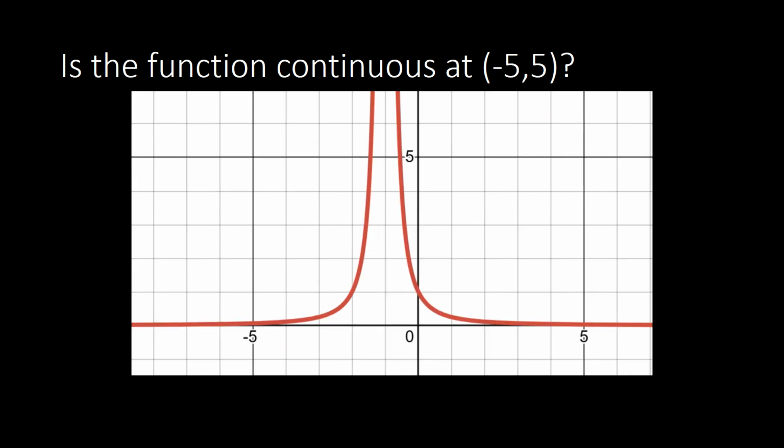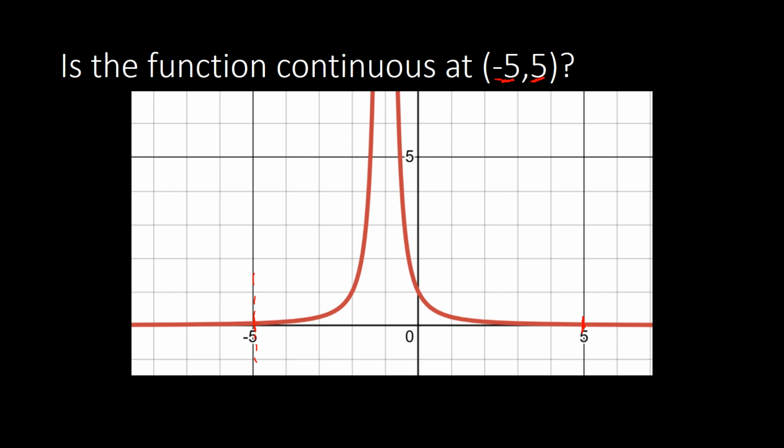Let's try to examine if this is continuous at this interval. So let's try to trace. -5 on x is here on the graph. We can see that we have this graph here, and then we have another number, 5. So our interval there is from -5 up to 5.